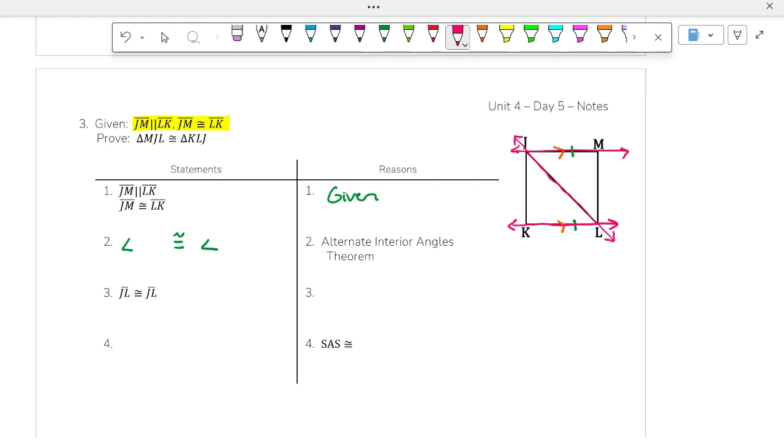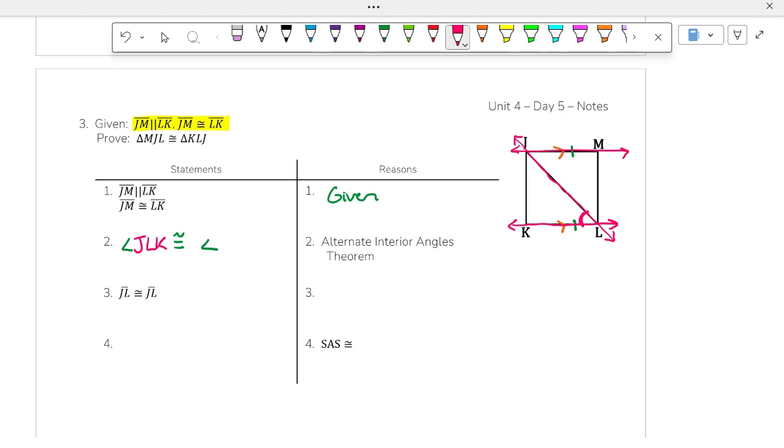Now, how would I actually name them with three letters? It'd be JLK. So JLK is congruent to what? What's the other angle name?